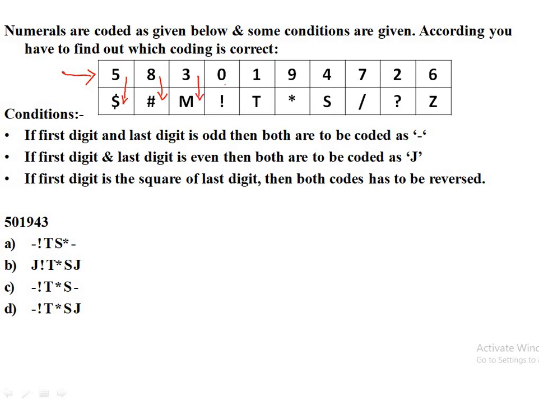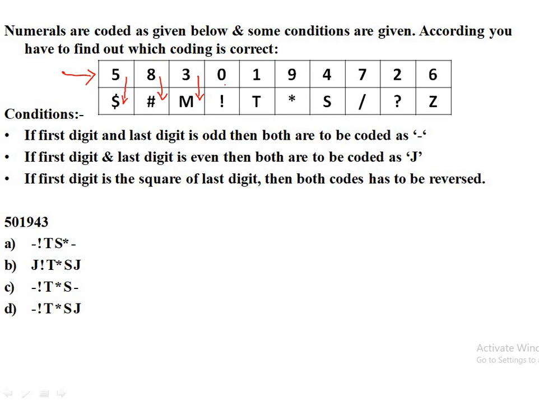If I say 3, we search for M. If I say 9, a star mark. If I say 2, a question mark. So the numbers are coded as symbols together with alphabets. This is the table.